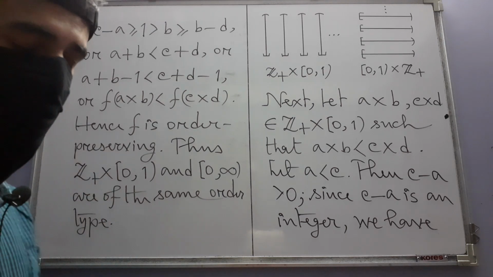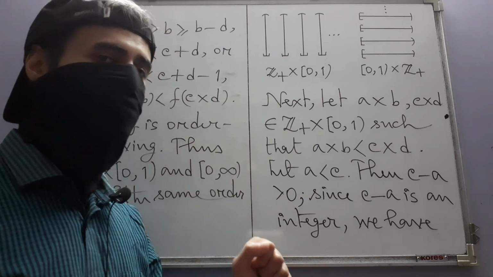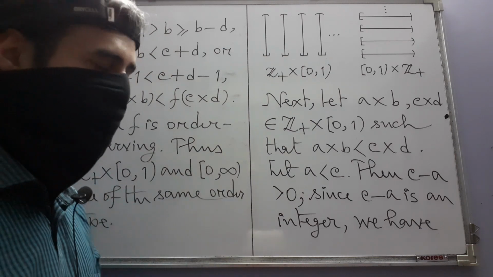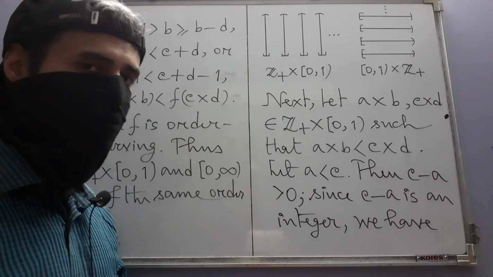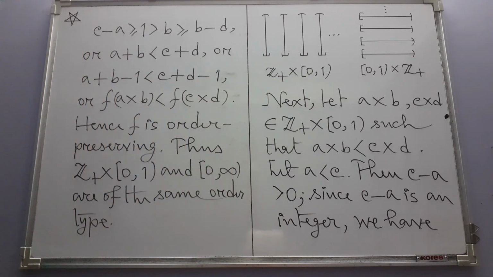As ordered sets, they are essentially the same. It's like having isomorphic groups in group theory or homeomorphic topological spaces. We will see these things, okay, when their time comes.